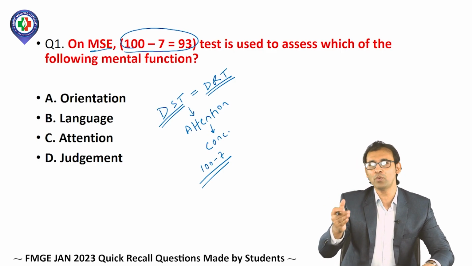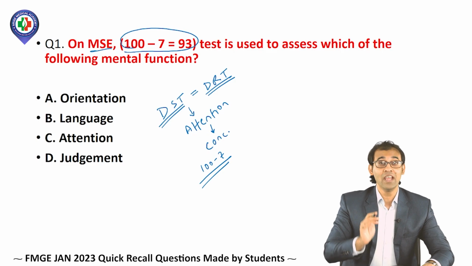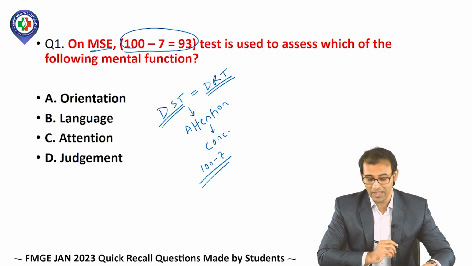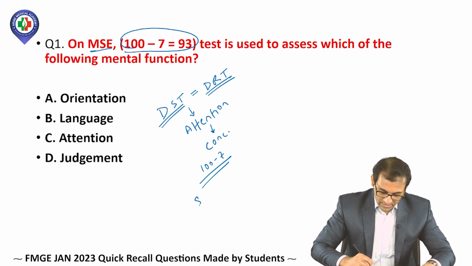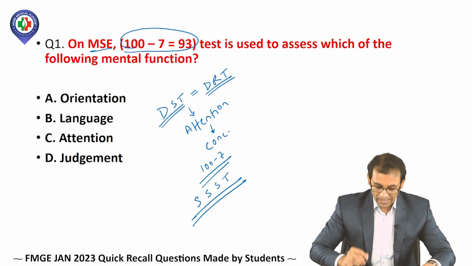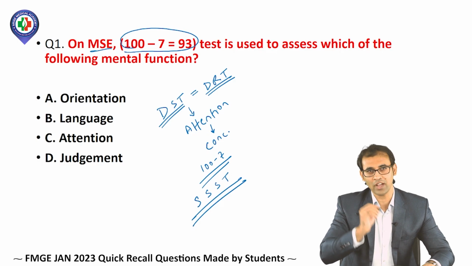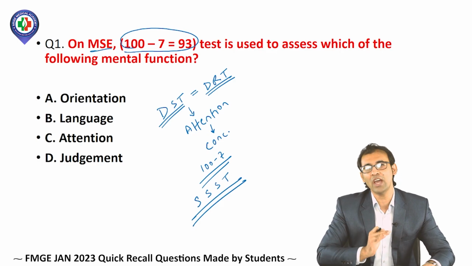If he can count up to 7 to 8 digits, it means what? His concentration level is good. This test is called the serial 7 subtraction test, which we especially use to assess the concentration level.